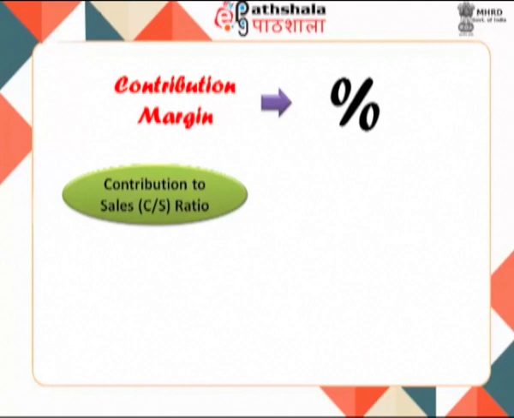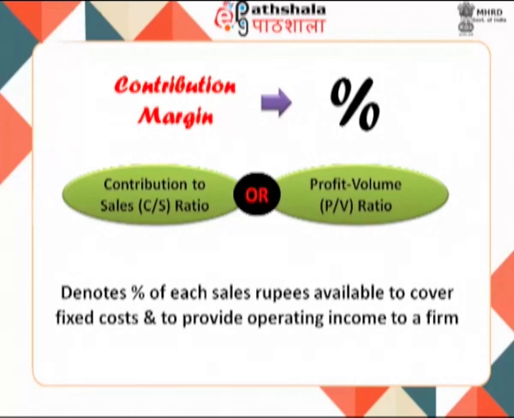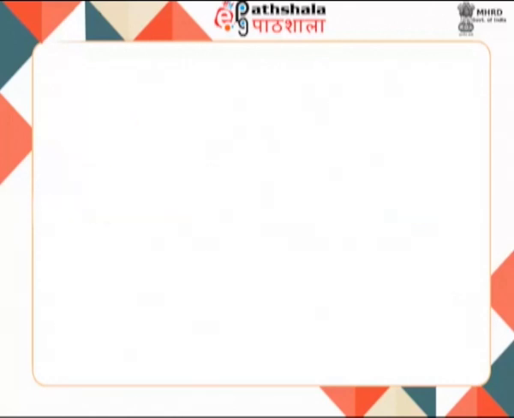The contribution margin ratio is also known as contribution to sales ratio, that is CS ratio or PV ratio. This ratio denotes the percentage of each sales rupee available to cover the fixed cost and to provide operating income to a firm.